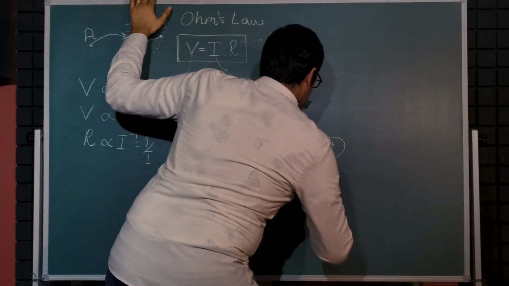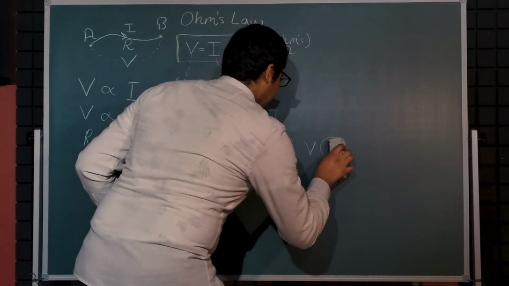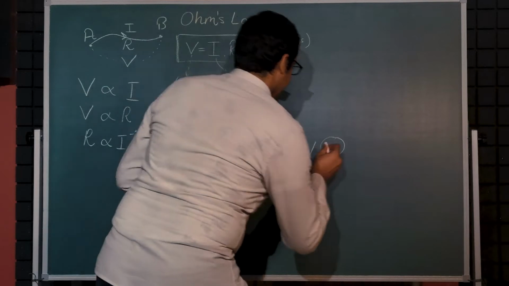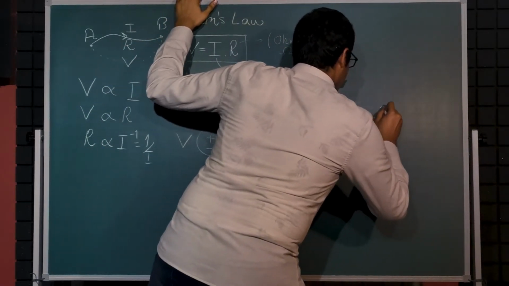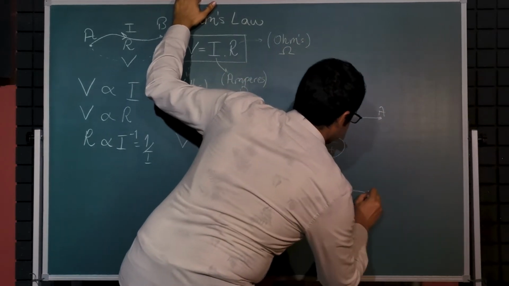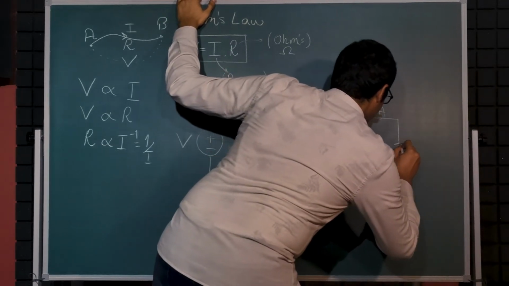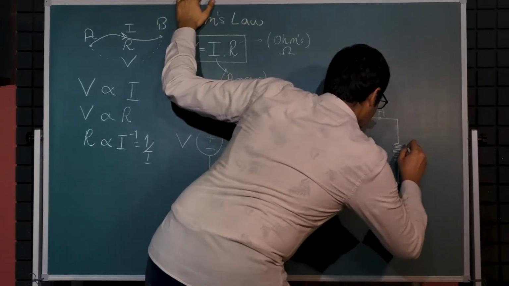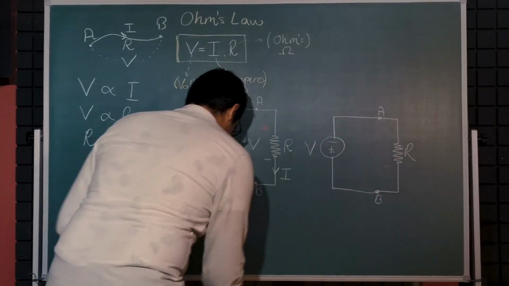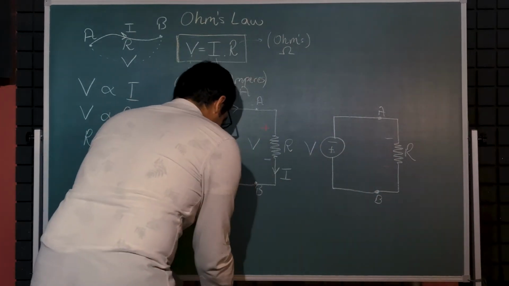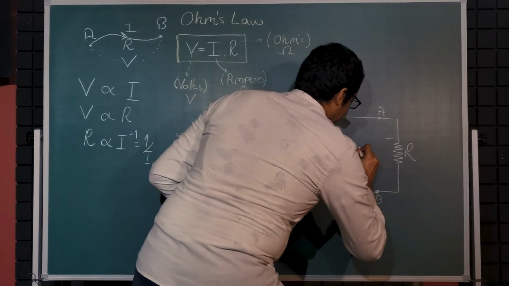Like this, plus minus V. Oops, it should be minus plus, and then the same point A, same point B, and the same R, but in this case, plus in this direction and the minus is here. And this is our voltage, not V, it is actually minus V.